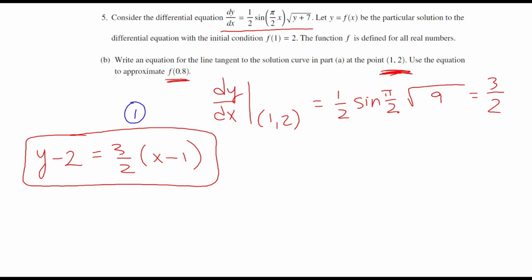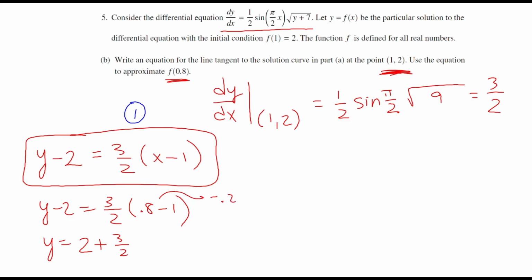To get the second point for part B, you just need to plug in 0.8 for x. So we have y minus 2 equals 3/2 of 0.8 minus 1. Right? And so 0.8 minus 1 is going to be negative 0.2. So we've got y equals 2 plus 3/2 of negative 0.2, right? Negative 0.2 is the same as negative 1/5, right?